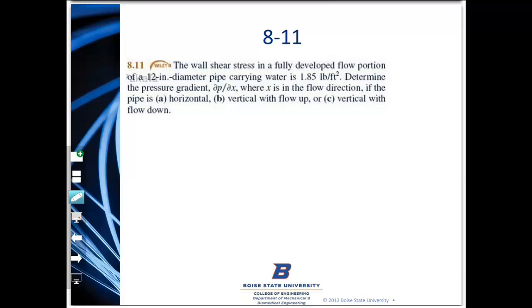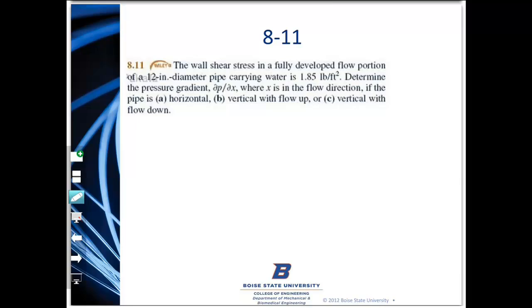What you need to do here is to come up with a formulation which relates the dP dx or dou P dou X and the shear stress at the wall, and also you see that you have to have the inclination of the pipe because of those three conditions.